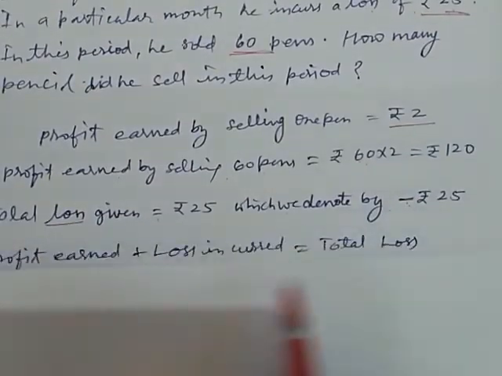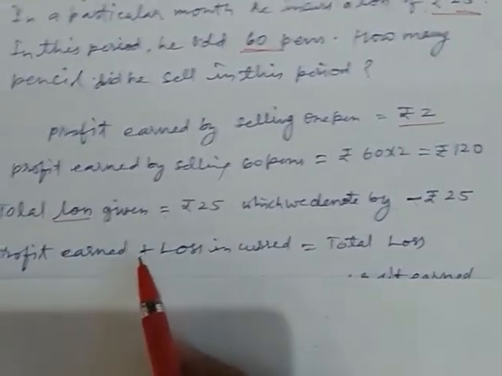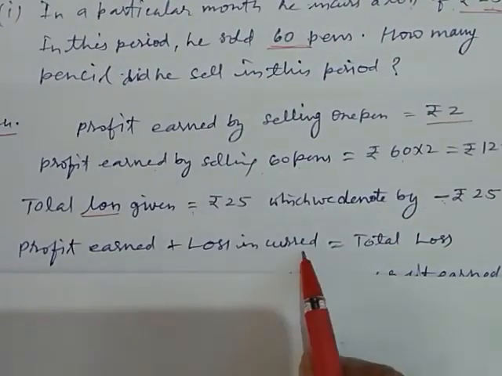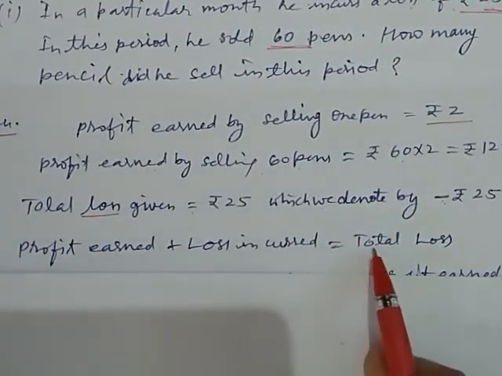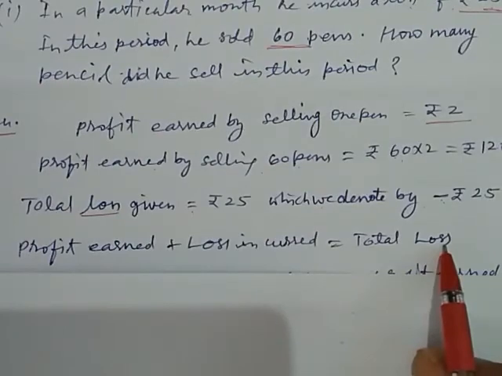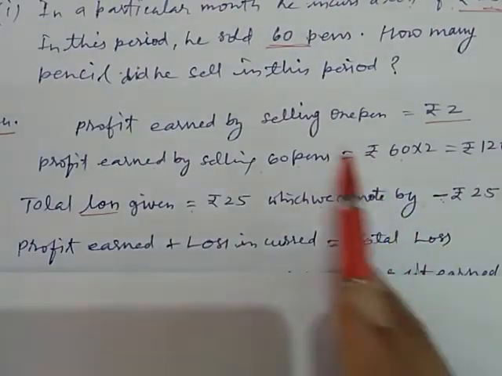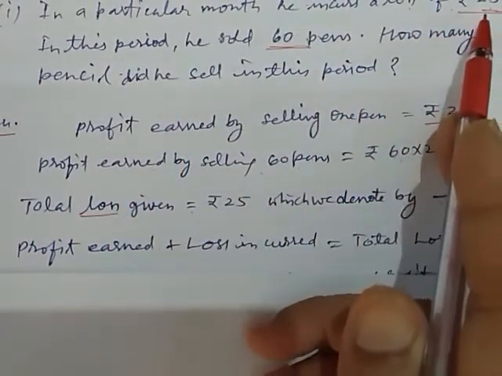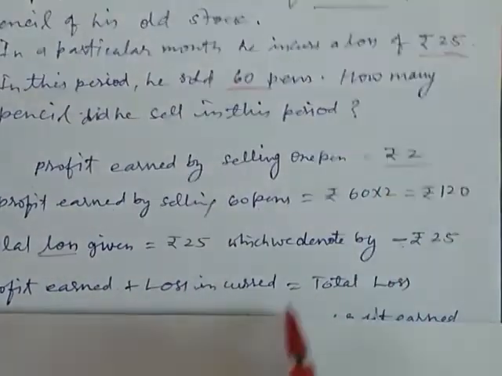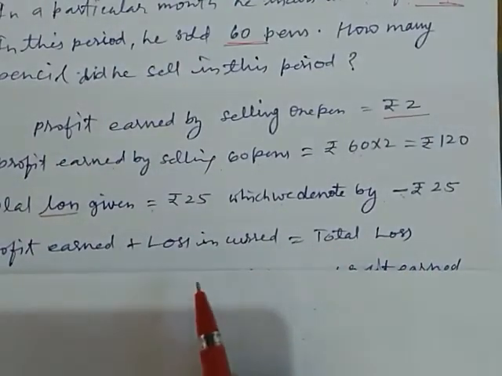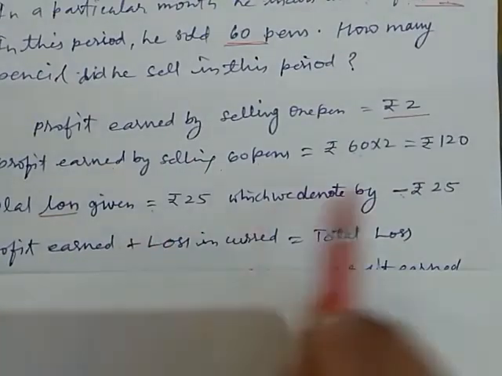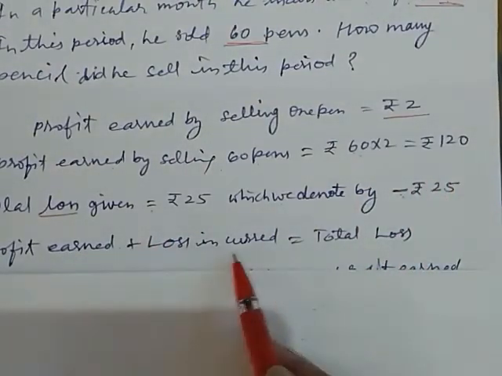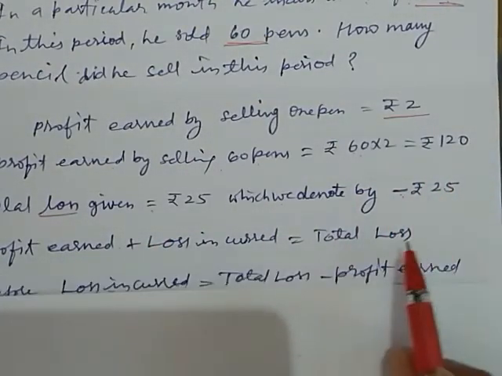Now profit earned plus loss incurred equals total loss, because the shopkeeper has a total loss. So we put here total loss. Now put the values. Profit earned ₹120, loss incurred minus ₹25.